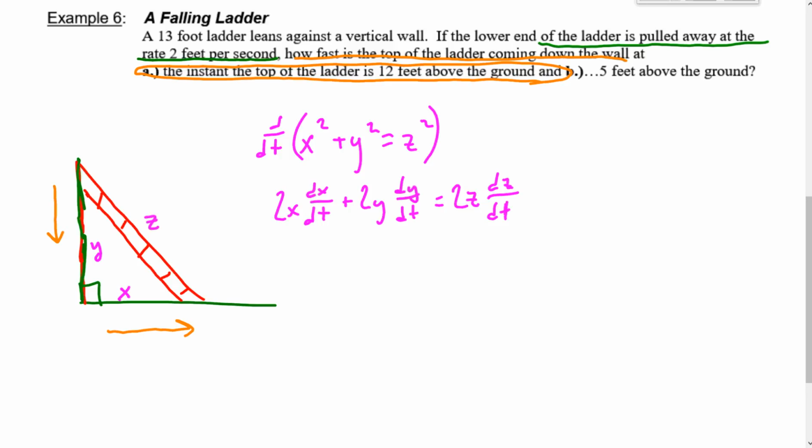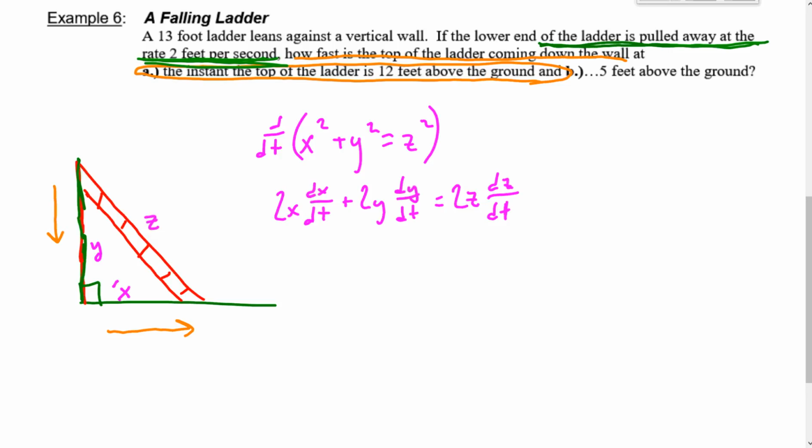Now let's talk about what all of our unknowns are. We have x, y, z, dx/dt, the rate of change horizontally, dy/dt, the rate of change vertically, and dz/dt, the rate of change of the ladder. We're told that the ladder is being pulled away from the bottom of the building at a rate of 2 feet per second.